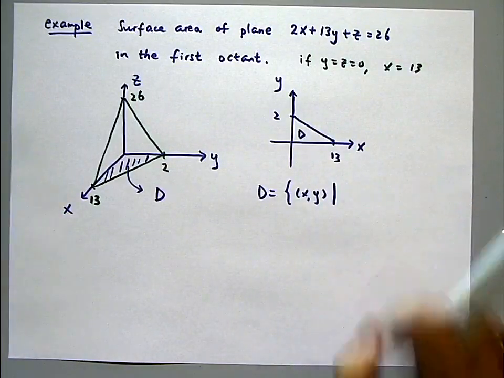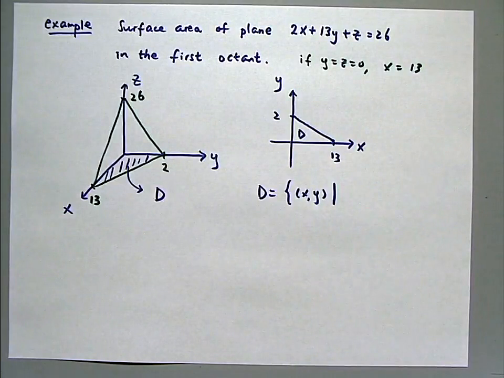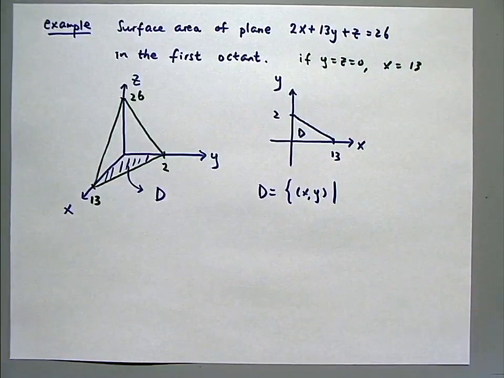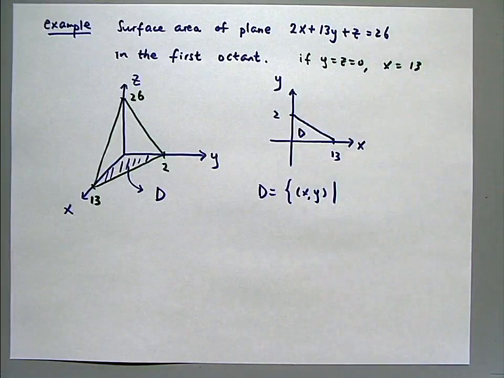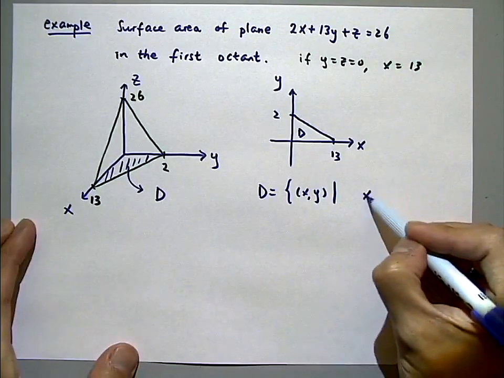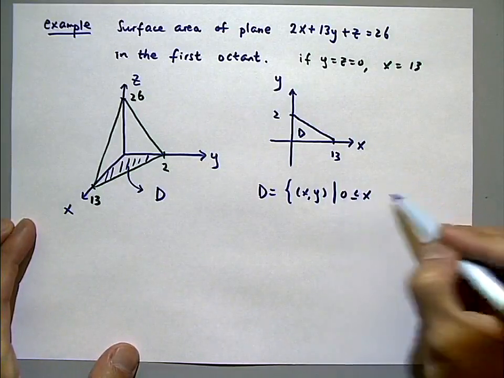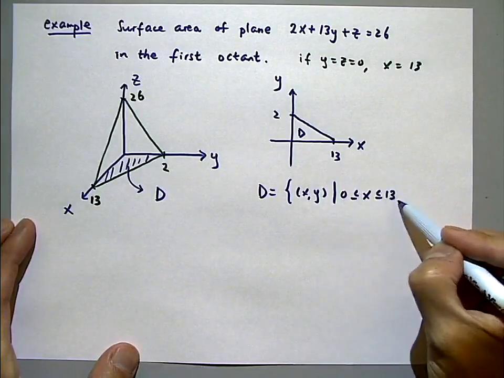And you have to define this D carefully because those become the integration limits when you go over to the double integral. And this can again be a type 1 or type 2. There's no major difference for this problem right here. Let's just do a type 1. Let x go from 0 to 13.